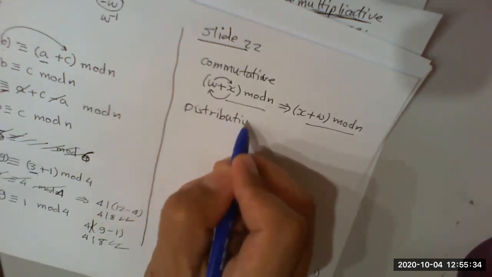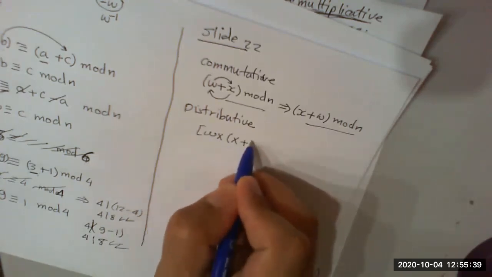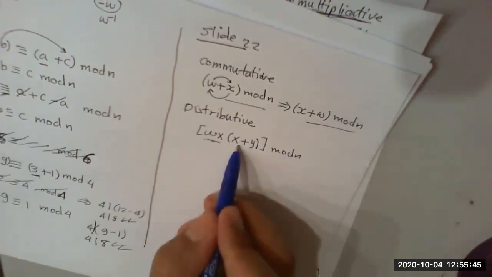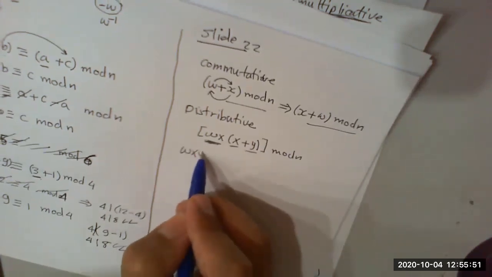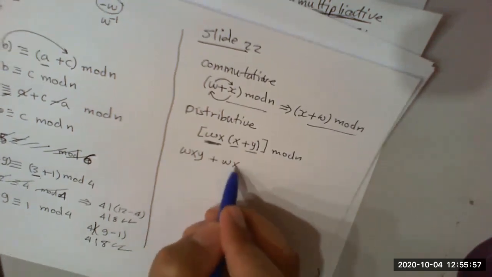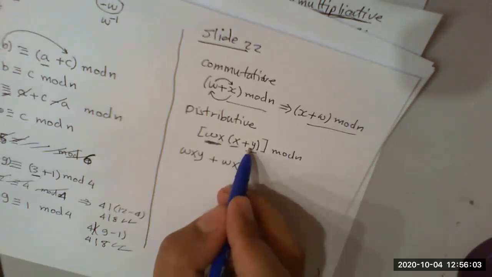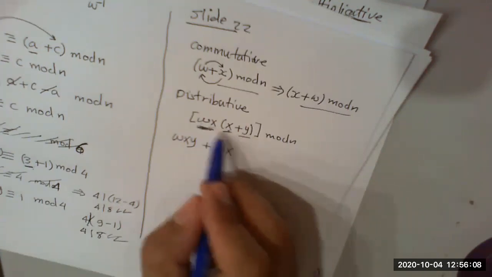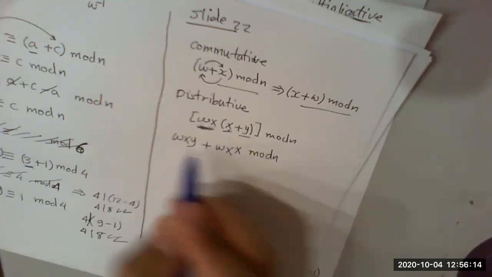Distributive, like W multiplied by X plus Y mod N. You can distribute W on X and distribute W on Y. This means W multiplied by X plus W multiplied by Y. I multiplied by Y first, I have to multiply by X first, but anyway, they are equal. So W multiplied by Y and W multiplied by X mod N. This is equal, the same thing.